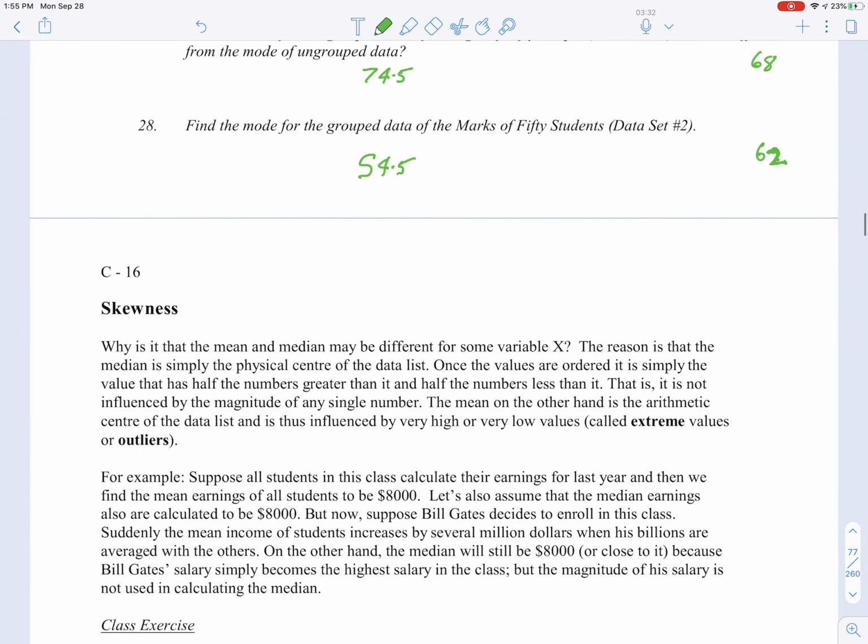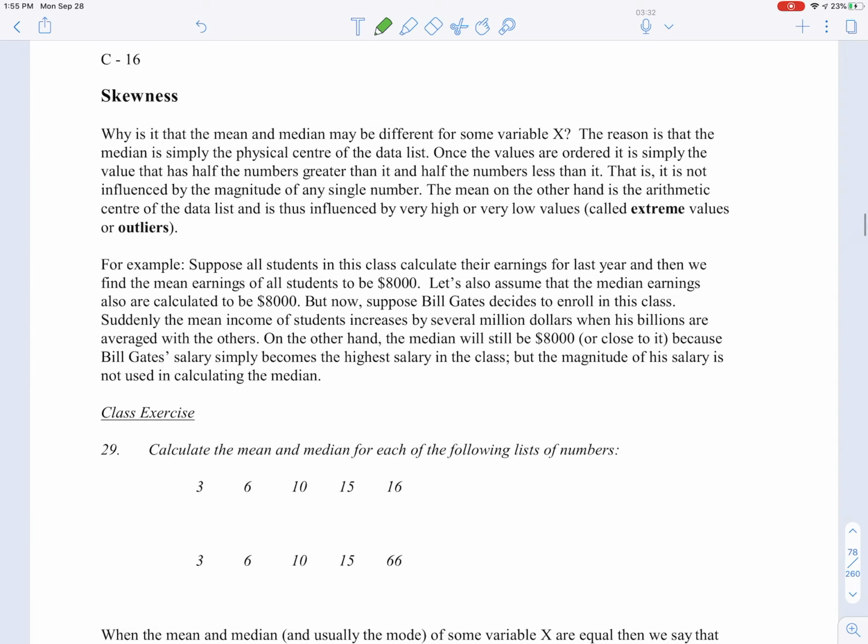Let's continue and talk about this concept of skewness. Now with skewness, it says here, why is it that the mean and the median may differ for some variable x? And the reason is that the median is simply the physical center of the data.